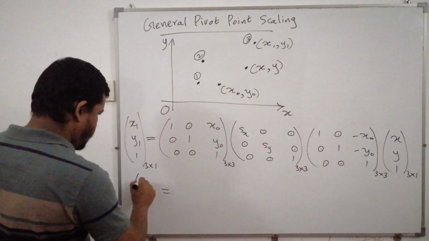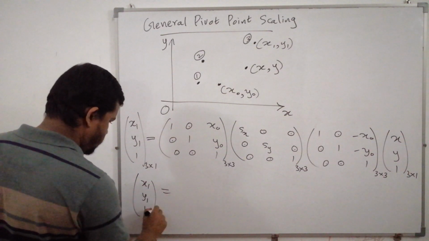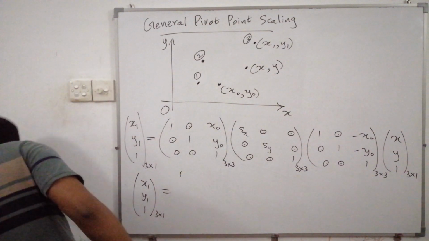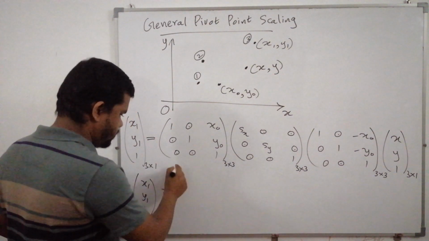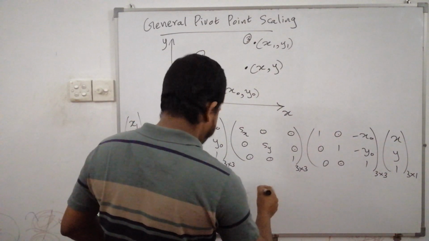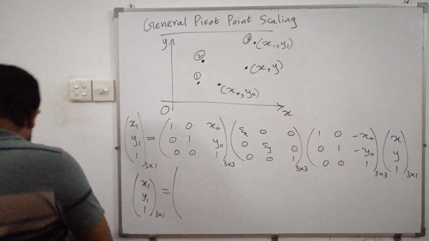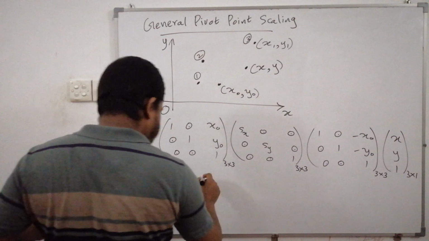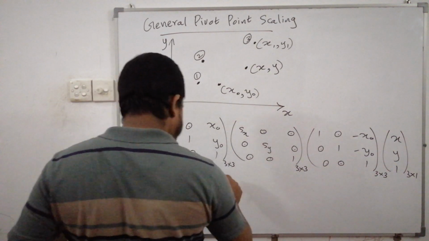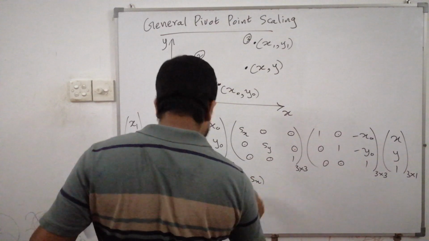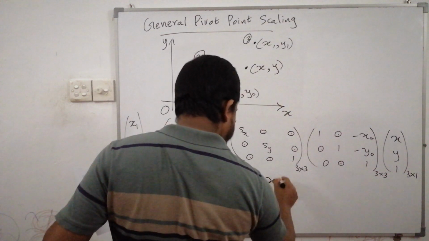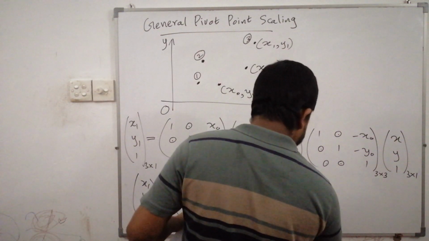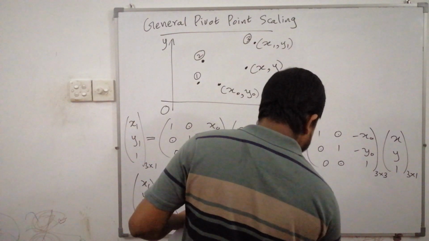So here we can write this x1 y1 1 3 cross 1 matrix, and we will get this matrix: Sx, 0, 1 minus Sx times x naught, multiplied by the x y 1 3 cross 1 matrix.